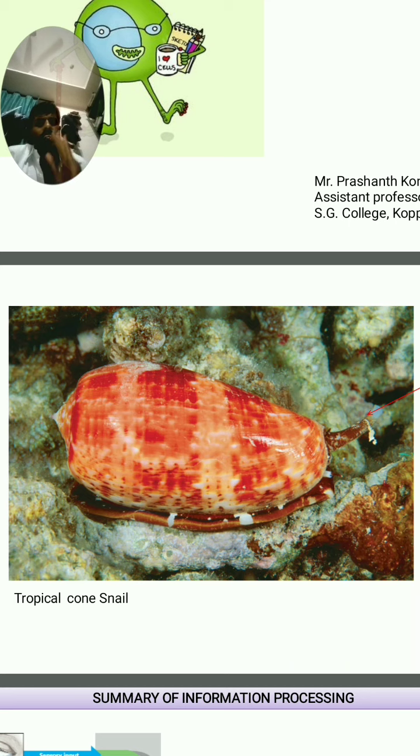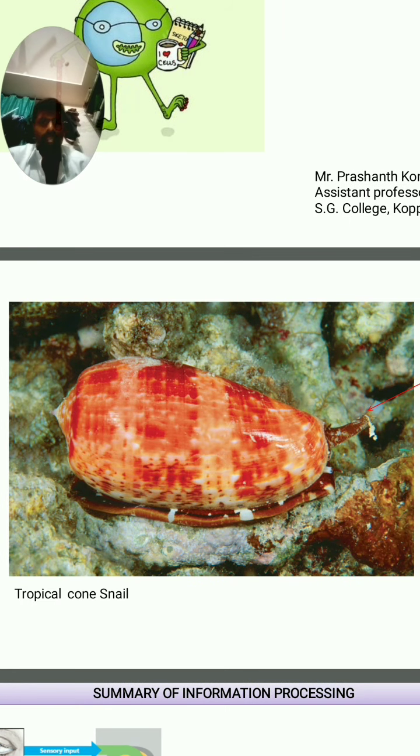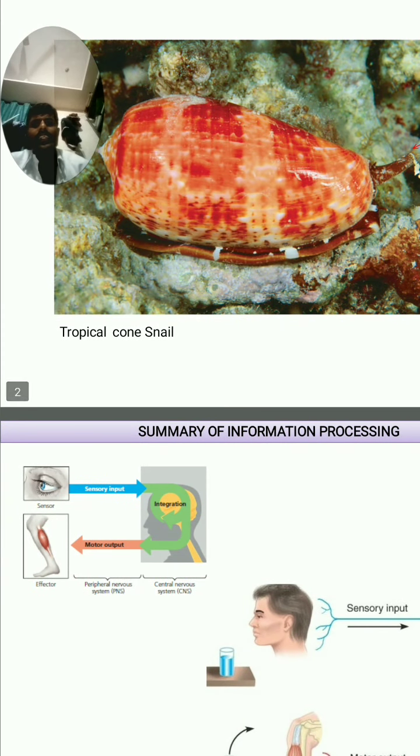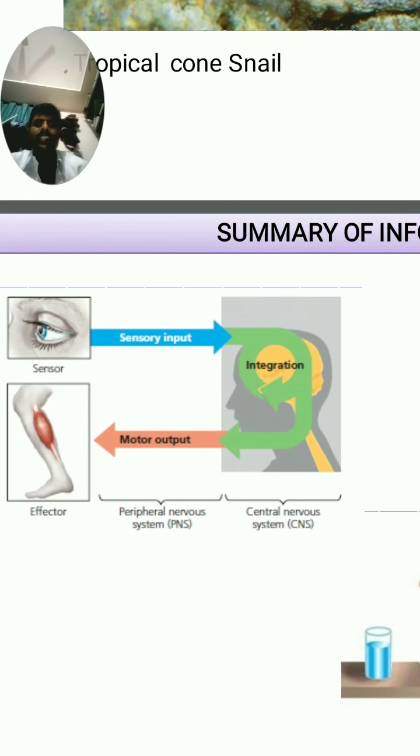This information is immediately passed to the brain, where integration occurs, where analysis and interpretation take place. Once the appropriate decision is made, it elicits action through the motor neurons to the target place of the body.